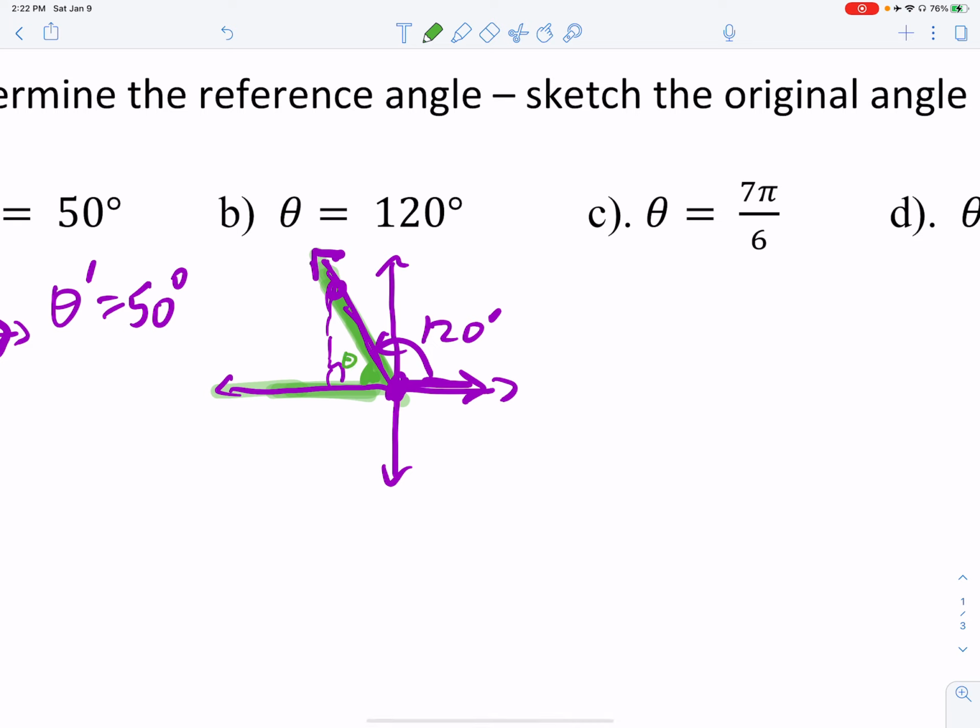That is going to be your reference angle. And when you rotate 120 degrees, you're 60 degrees from that 180 degrees. So theta prime is going to be 60 degrees, a positive acute angle.